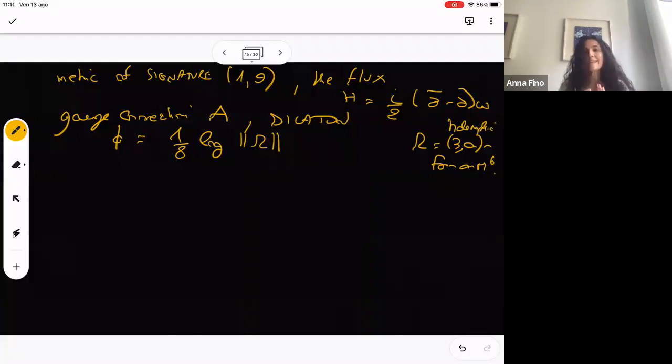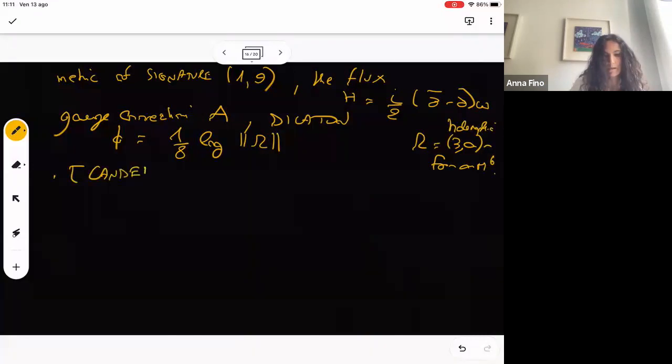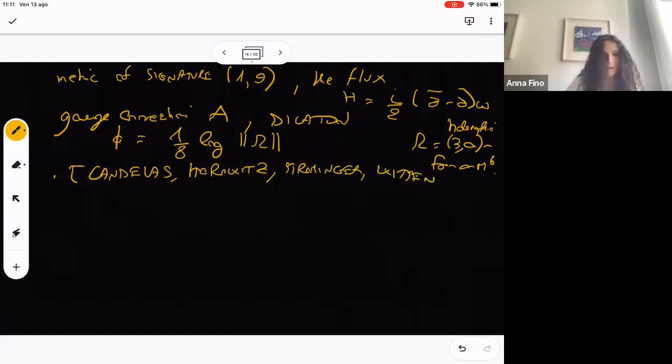And the first case in the literature, before the generalization by Li and Yau, comes from Candelas, Horowitz, Strominger, Witten in '85. It is the case when the flux is 0, the flux-free compactification.